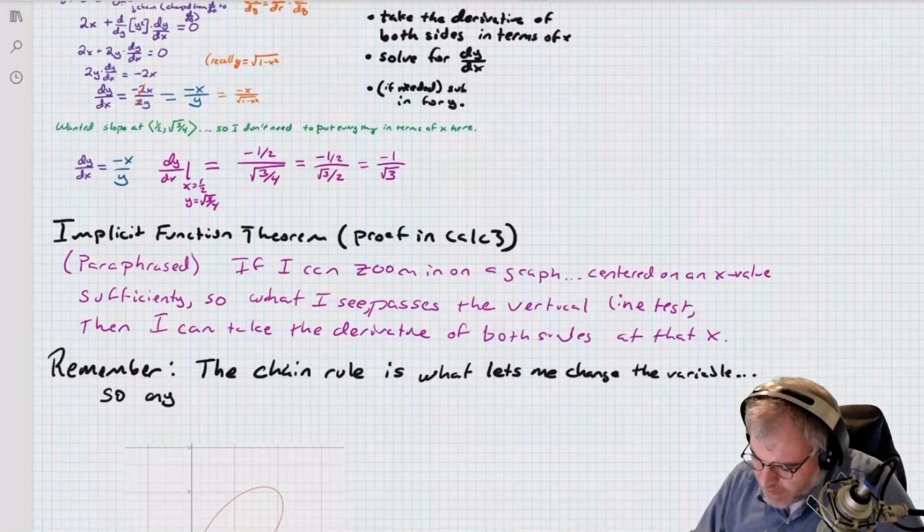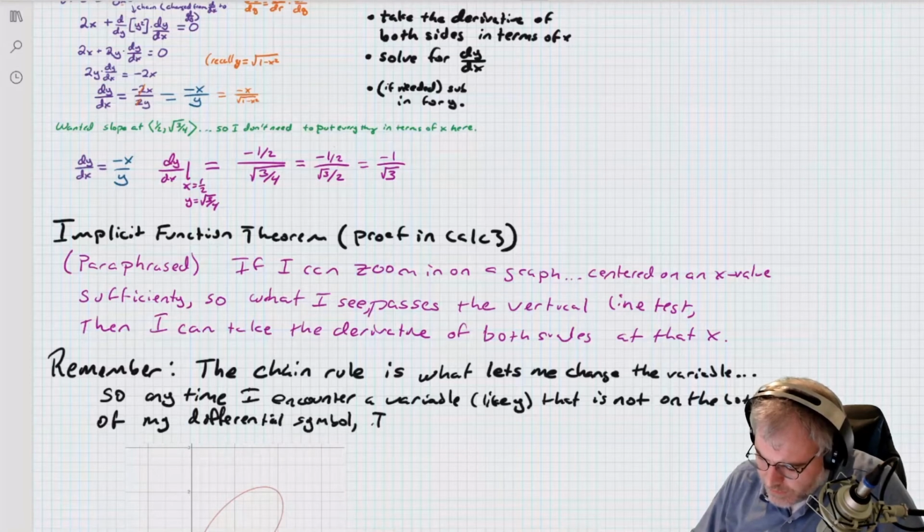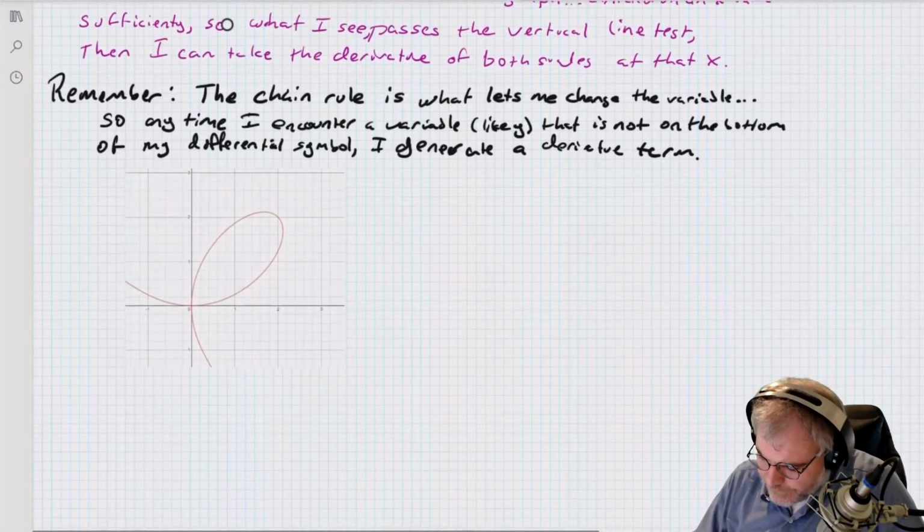So, anytime I am differentiating, anytime I encounter something that is not on the bottom of my differential symbol, I generate a derivative. I generate a derivative term, okay?